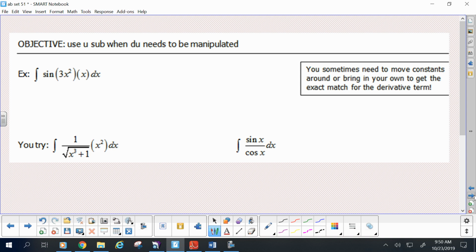So what do you want to let u equal? 3x squared. Okay, so du is 6x dx. Now this is where this one is a little different. I don't have 6x dx.